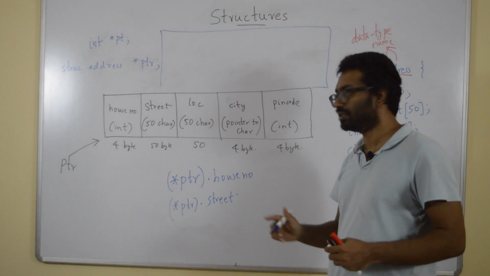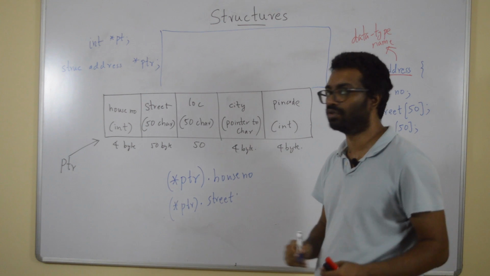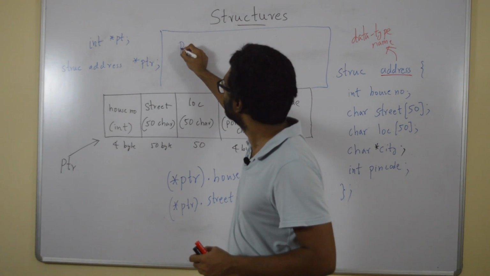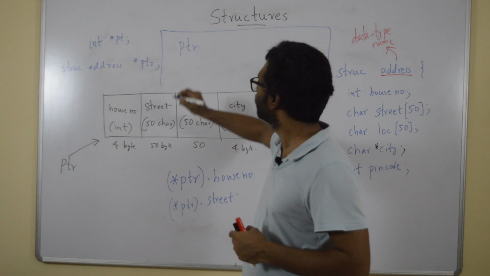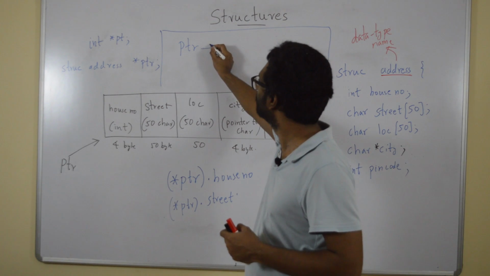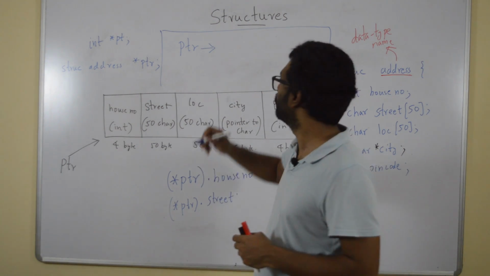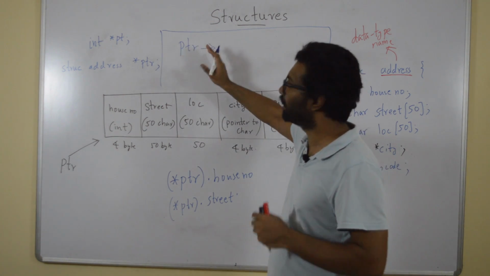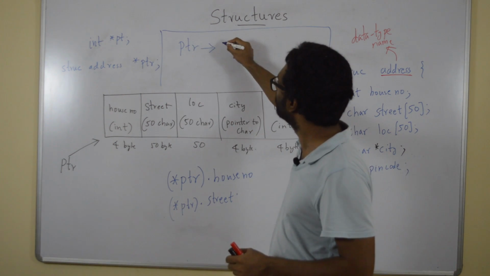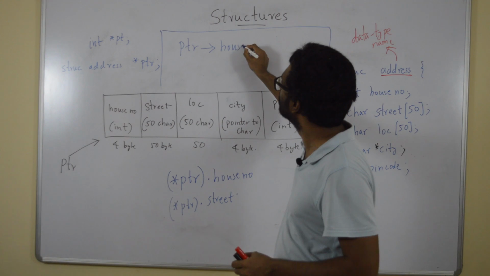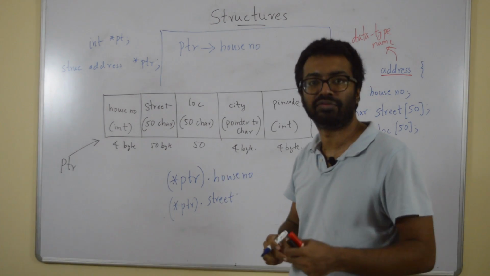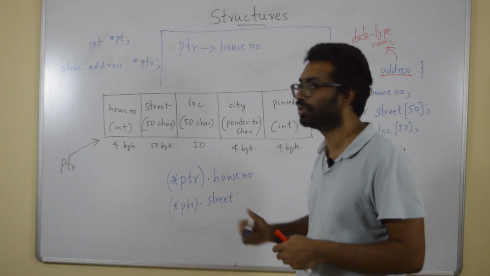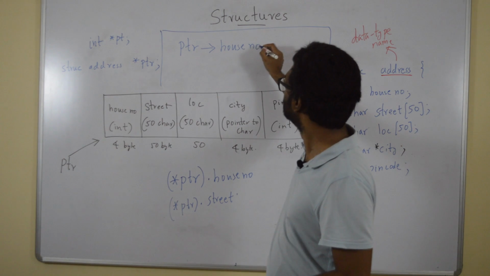Another way to do the same thing is as follows. You could have written ptr minus sign greater than, an arrow, and house number. We can access the house number using this notation.